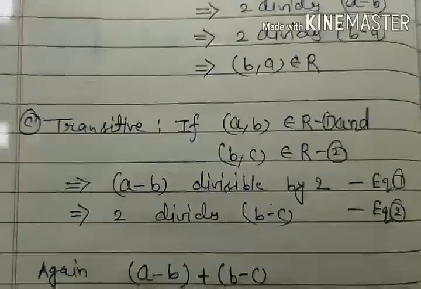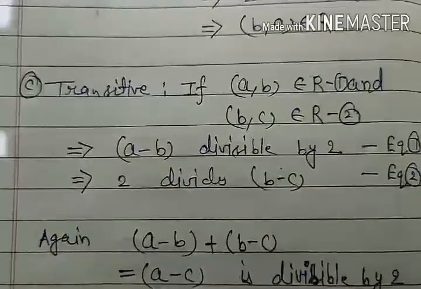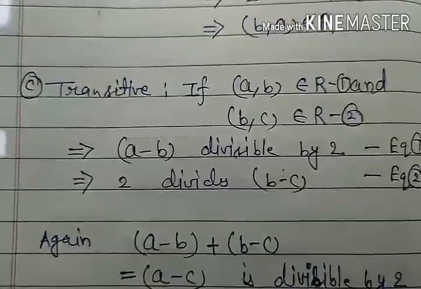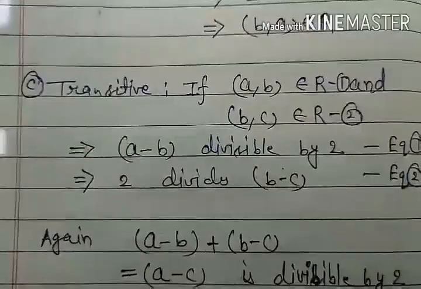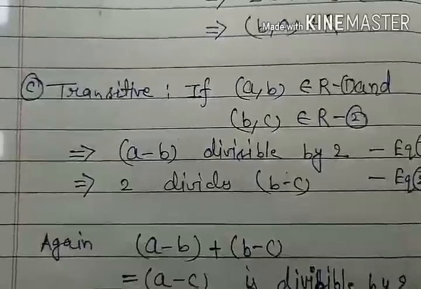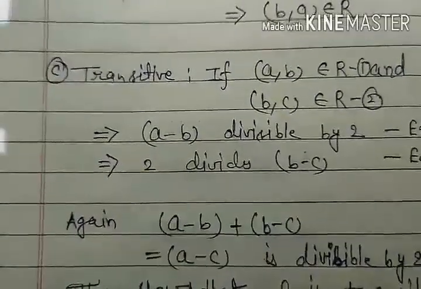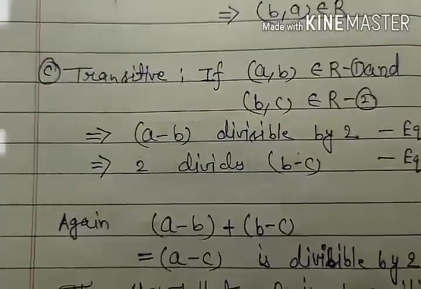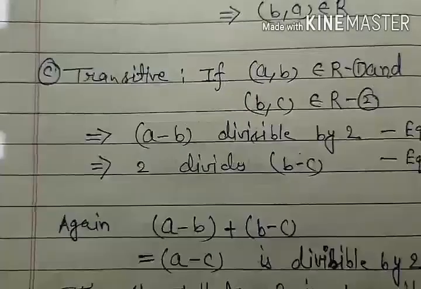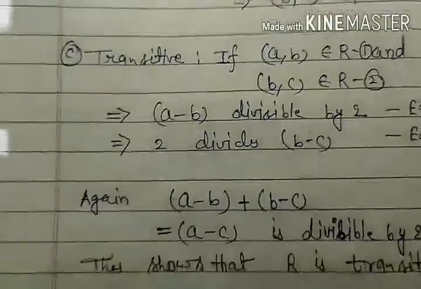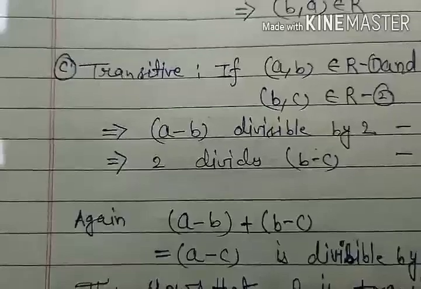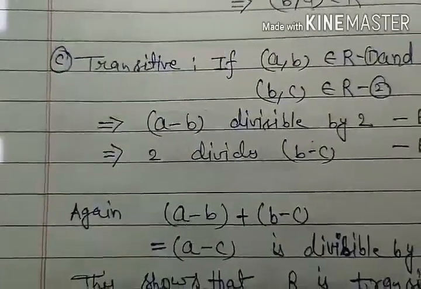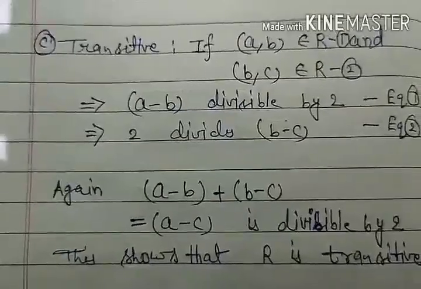Now see transitive. If (a, b) belongs to R, this is equation 1, and (b, c) belongs to R, equation 2. The first equation implies that a − b is divisible by 2, and the second equation implies that 2 divides b − c. If I add both a − b and b − c, I will get a − c, which is also divisible by 2.